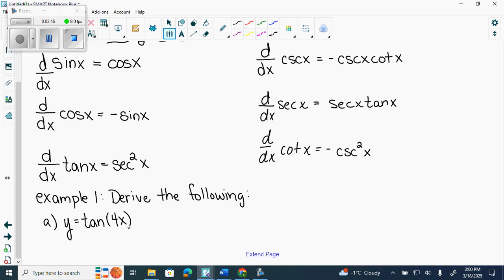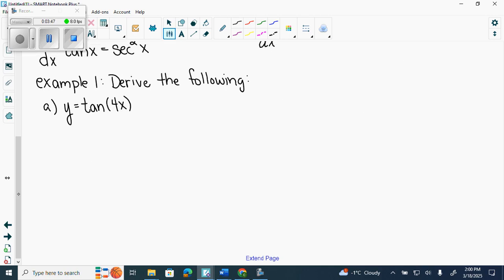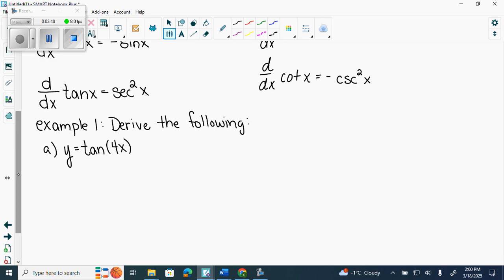So tan 4x. You do need to do chain rule with this because you have that 4x in the middle, right? So first we're going to do the derivative of tan. What is the derivative of tan? The derivative is secant squared x. X just happens to be 4x. And then I have to follow behind with the derivative of the inside because I didn't do the derivative of it.